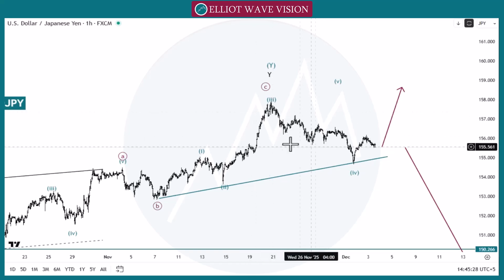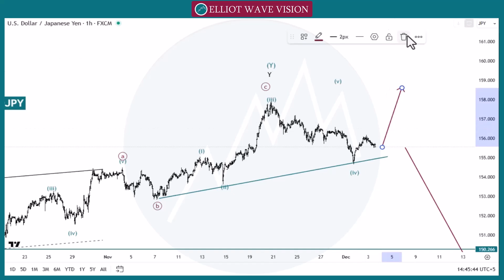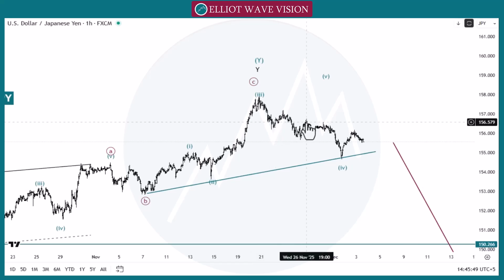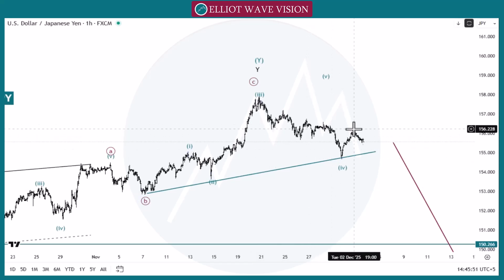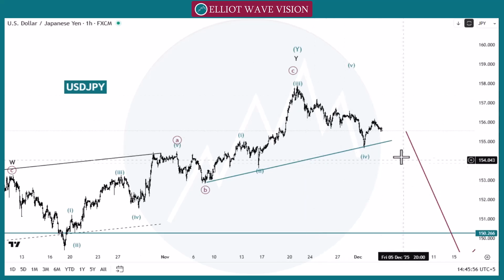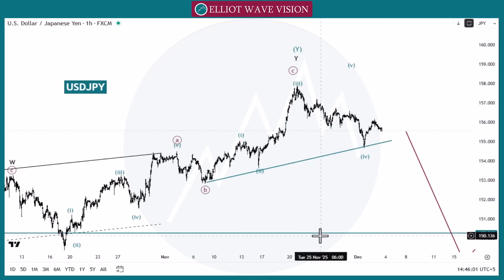Or if we count the move like wave 1, 2, 3, 4, 5, again this move gives us the vibe that this pattern belongs to a corrective move. Or if we want to count it forcefully as an impulsive move, we can count like wave 1, wave 2, wave 1, wave 2. That's also possible here. But as of now, until the market gives us the classic trading level pattern below 155, like this.